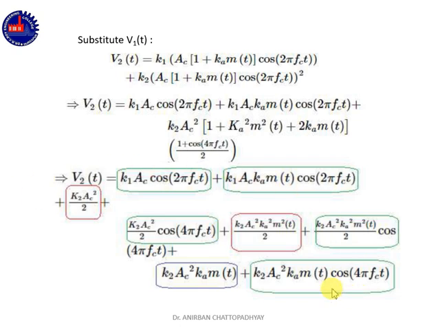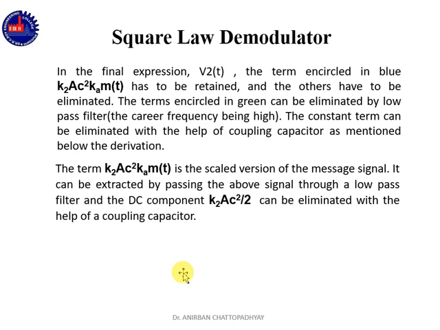So all these frequency components will be mitigated. Only one frequency component will pass through my low pass filter, that is K2 AC square K m(t), which is nothing but my message signal with some amplitude constant. So definitely we will get back our original message signal using the square-law demodulator circuit.